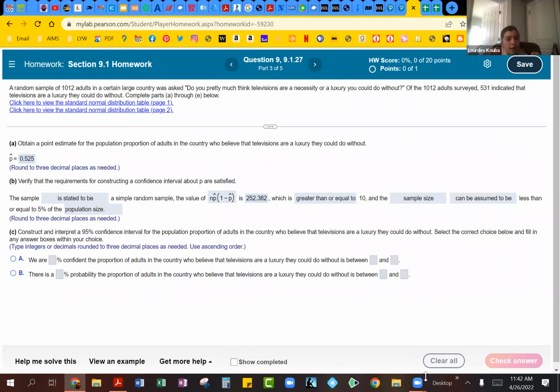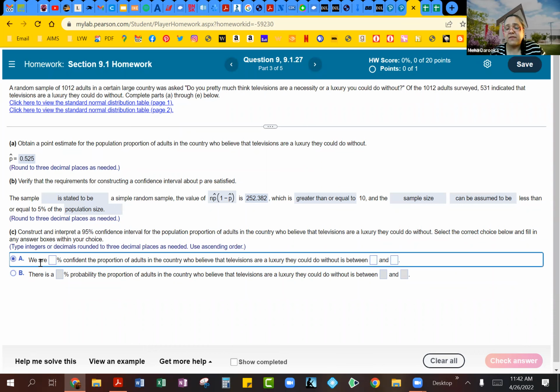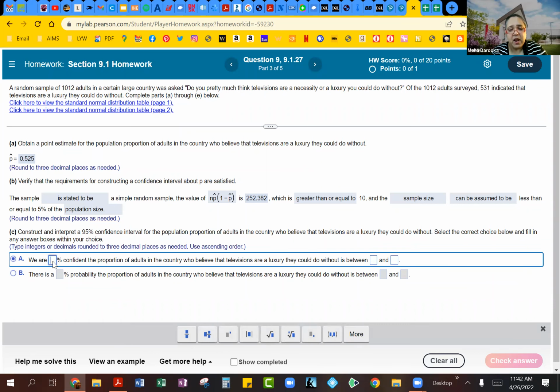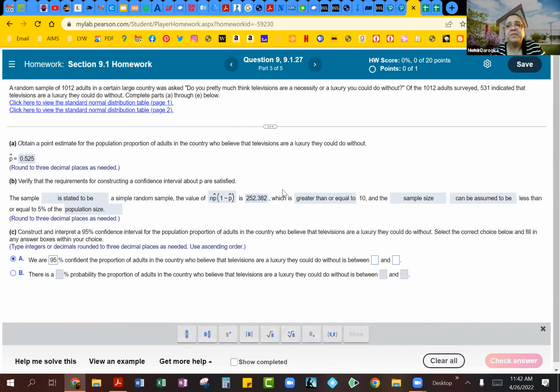Would it be A, because 95% confidence interval? Yeah, exactly. So look for that terminology, folks. Very nice, Lourdes. So since we know we're finding a 95% confidence interval, obviously you are going with, we are 95% confident. So be careful about that terminology. That's the easiest way to figure this out.